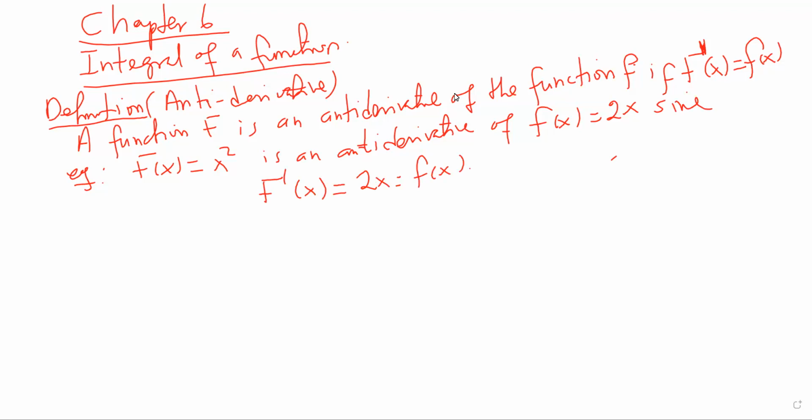So the antiderivative just means that if you have a big F function, which is an antiderivative of another function small f, then the small f function is equal to the derivative of the big F function.